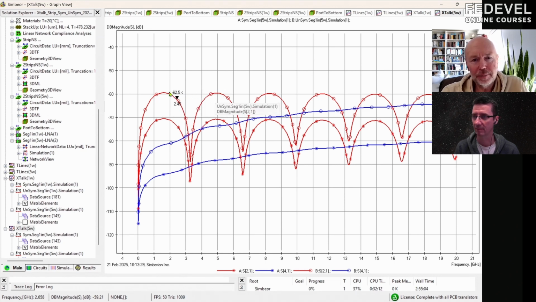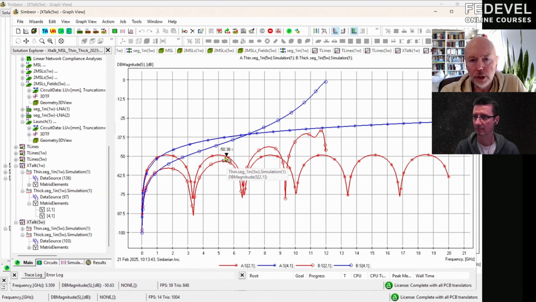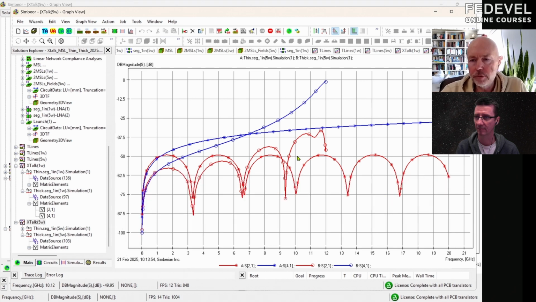But right here, even at the level of minus 60 in both cases, symmetric and unsymmetric, the unsymmetric has a little larger crosstalk, minus 60, and right here mean crosstalk at 5W is around minus 50, so it's already 10 dB higher. But then fine crosstalk is an actual problem. It's very difficult to kill it completely, and there is no strategy that reduces it other than shielding.